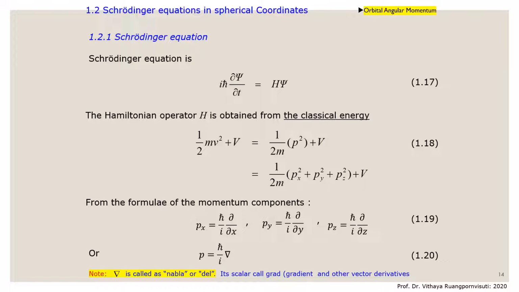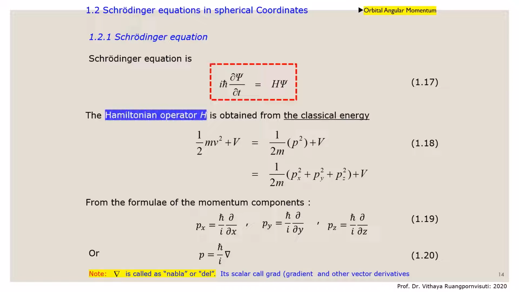This equation is expressed as i h bar times the differentiation of the wave function with respect to time is equal to the Hamiltonian operator times the wave function.